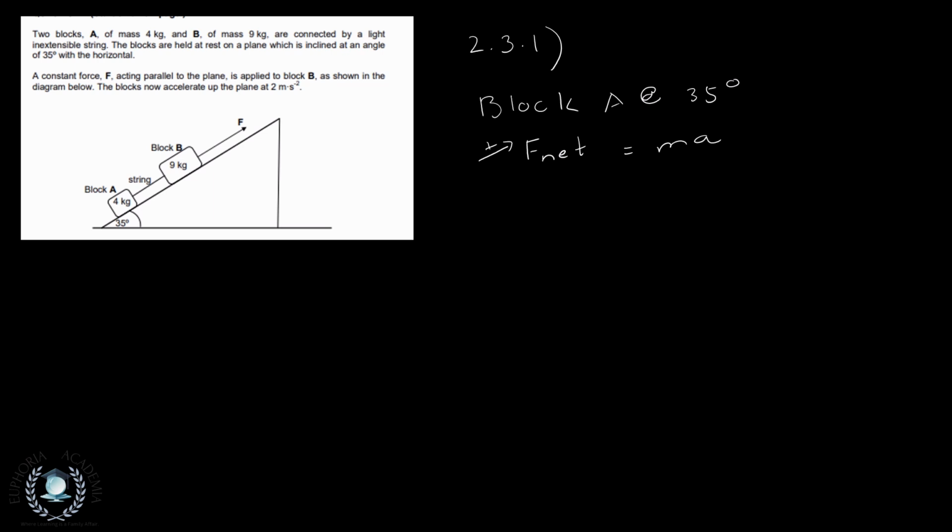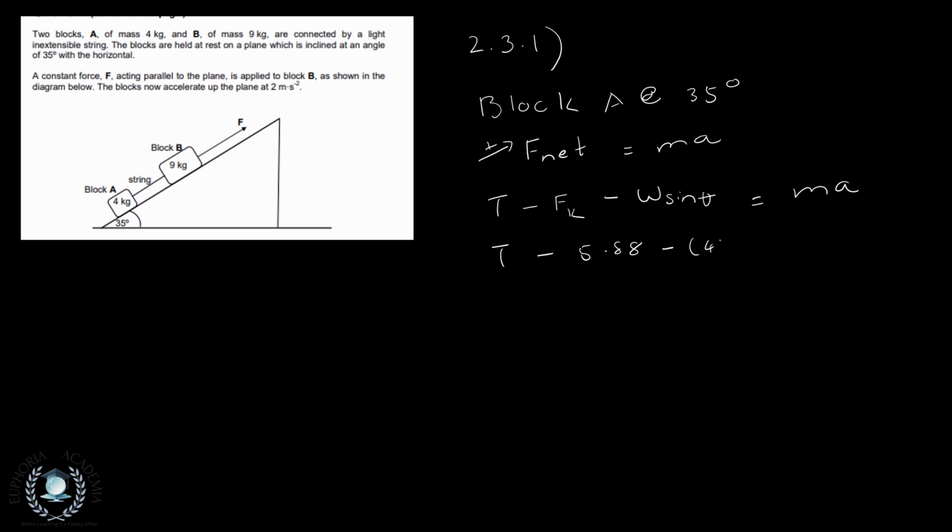So that would mean that our T minus our kinetic frictional force minus our component of weight acting parallel, which is W sine theta, is equal to our mass times acceleration. Let us just replace what we have. Our Fk is equal to 5.88. We're given that in the question, minus what's mg?